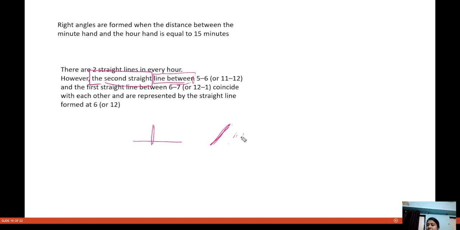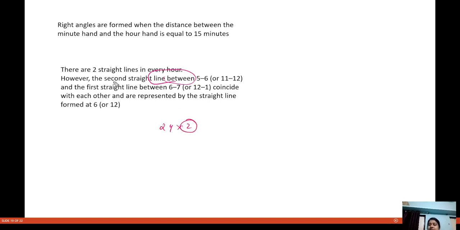And when the minute hand and hour hand are opposite to each other, then also you will have a straight line. So in every hour we will get two times a straight line. Now, one thing to consider: how many hours are there? 24 hours are there.